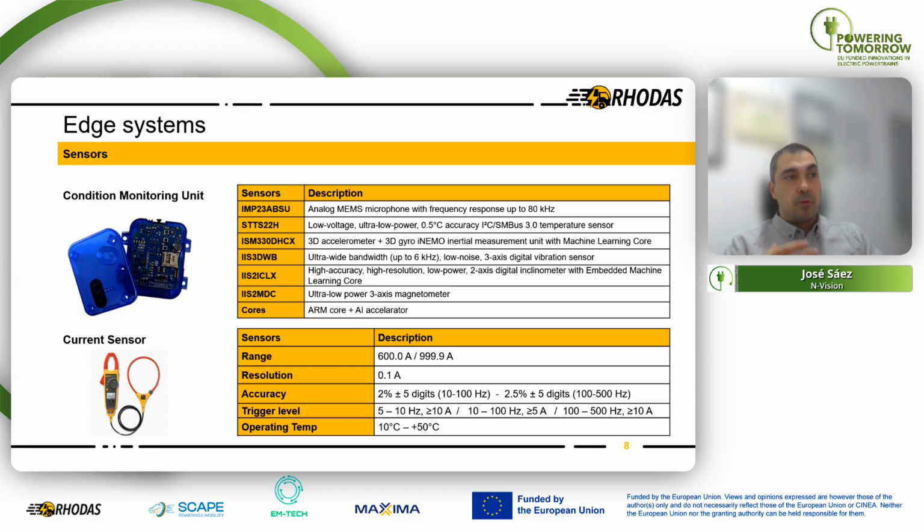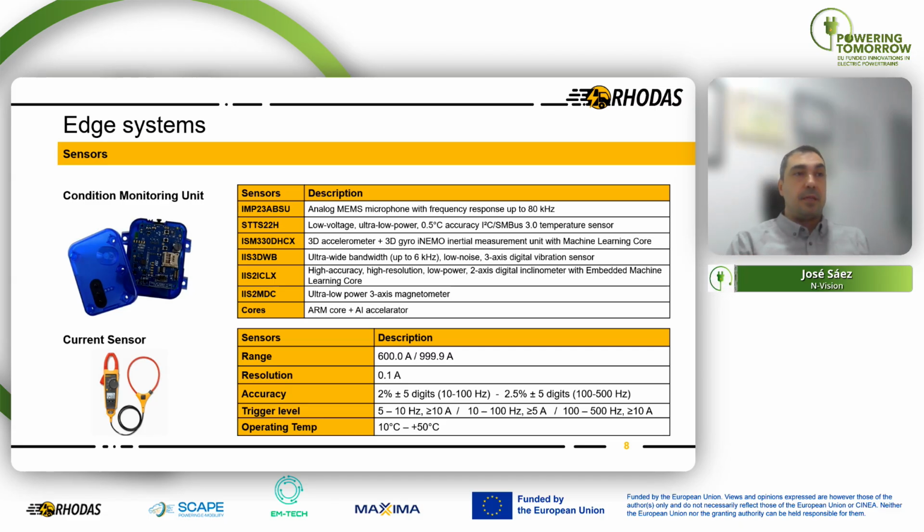It means there is enough processing power to run some AI models on the edge. So we are able to process on this layer all the data coming especially from the ultrasound sensor and the vibration, processing them locally and just sending out the outputs or the final results of the analysis.